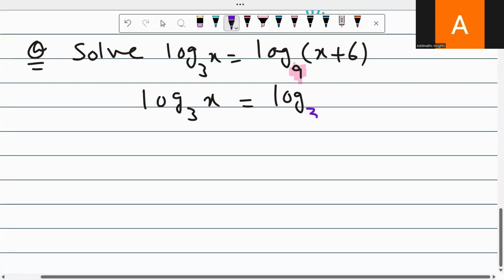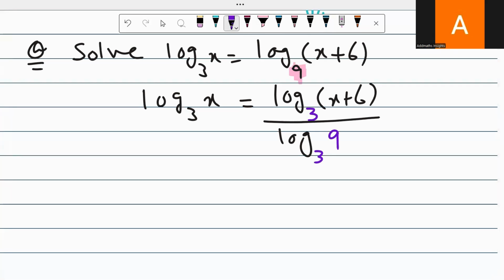So you will write here log 3 x plus 6 over log 3 9. Now you see the base is the same throughout the question.